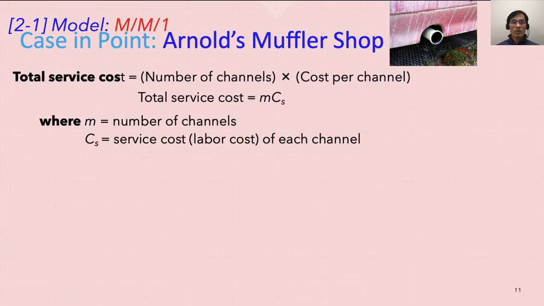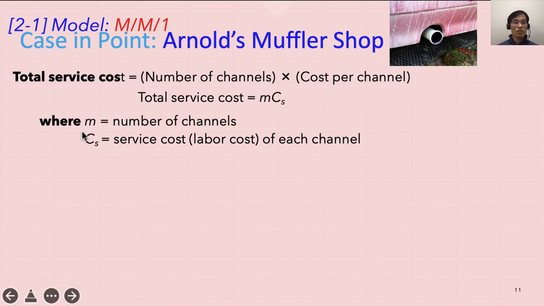And then we need to also understand the total service cost and total cost that you are incurring through this shop. So the total cost is defined as number of channels times cost per channel, right? So one channel, how much does it incur to service your customers? That's what it means by total service cost.